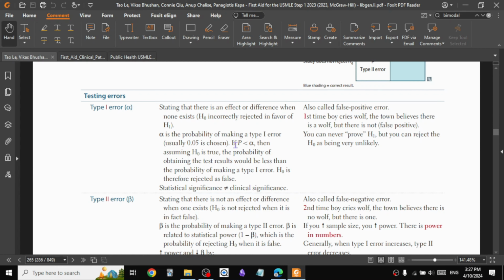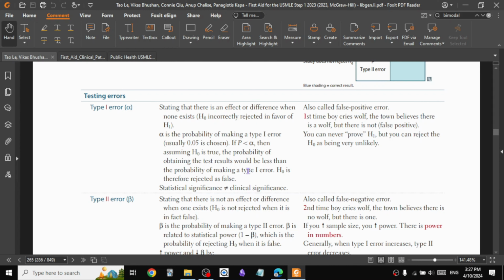What is this whole complicated thing telling you? The only thing it's saying is, if I set a probability value for my study, and it's less than alpha, then basically I'm saying I don't want to make the alpha errors. That's it. Okay. And H naught is therefore rejected as false.